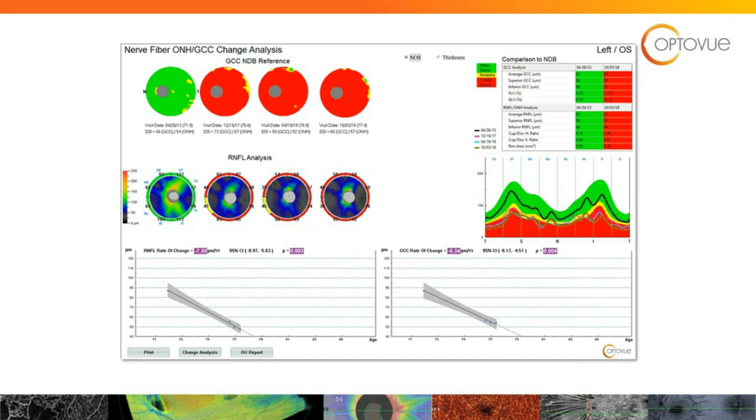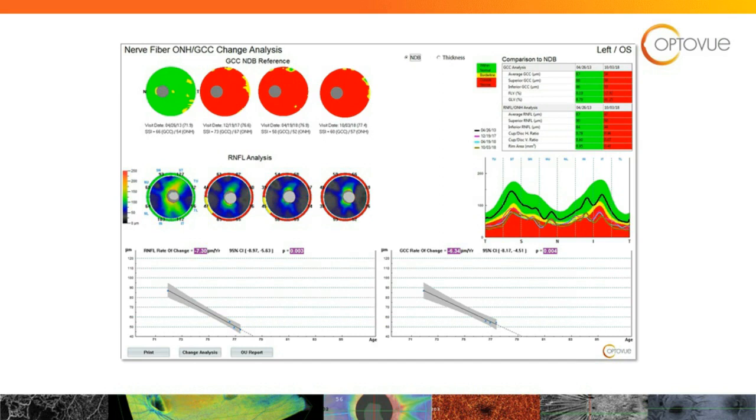All right, next question. When you start looking at change analysis, should you adjust your selection of scans to right after starting drops to see if there's less chance? Yeah, I think that's an excellent point. So the question is, when you start looking at progression and you adjust your therapy, so maybe you start therapy, or maybe you do an SLT procedure or a MIGS procedure, I think it's a good idea to mentally understand exactly when that takes place, and then look at subsequent scans after that.